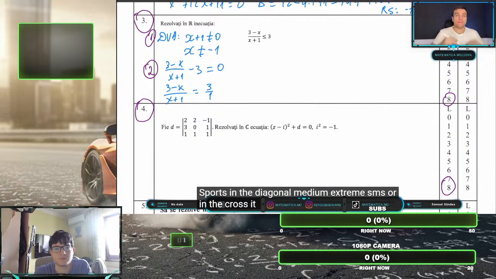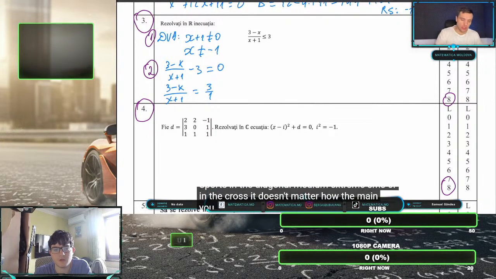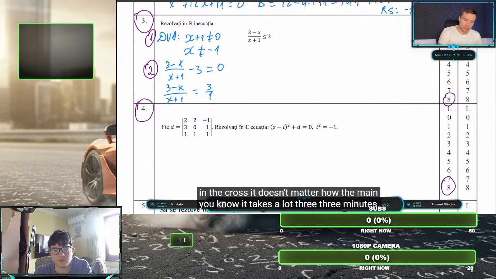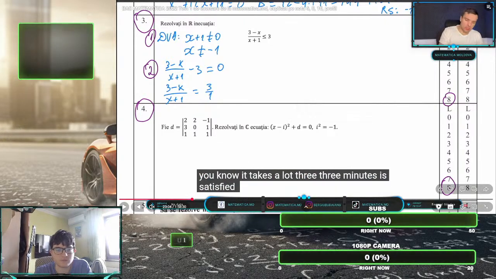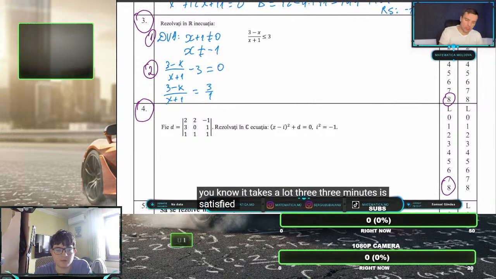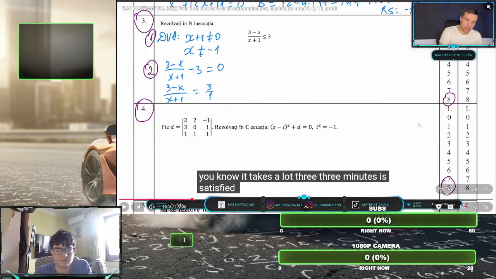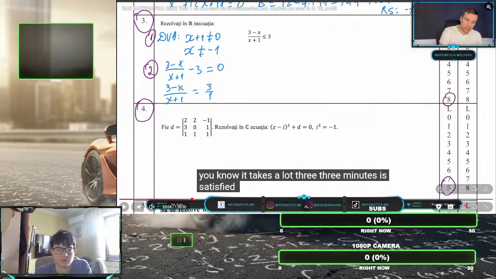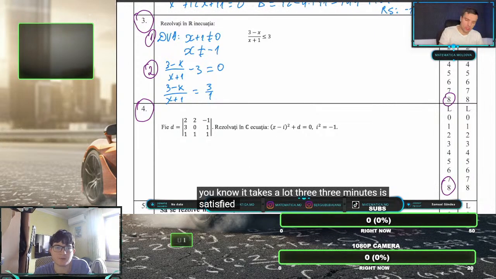So yeah, now you just multiply diagonally. So that's done. 3 minus x at the top left corner is going to be multiplied with the bottom right corner, which is 1. And when you multiply by 1, it's basically the same thing, so don't write it down.